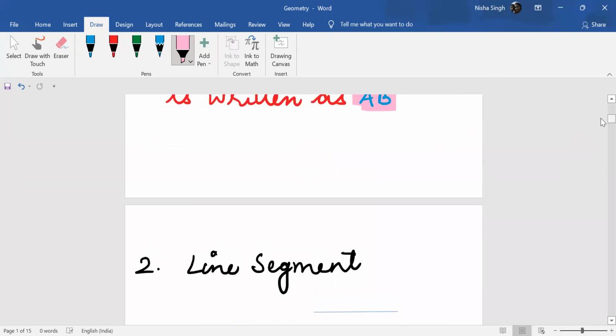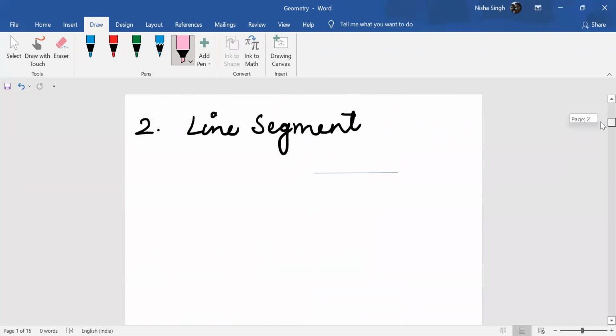Now next comes line segment. Now you all must be wondering, what is line segment? We know that line has no endpoint. It can be extended from both sides, but what is line segment? So children, line segment is a portion of a line.